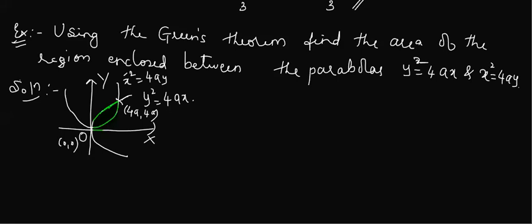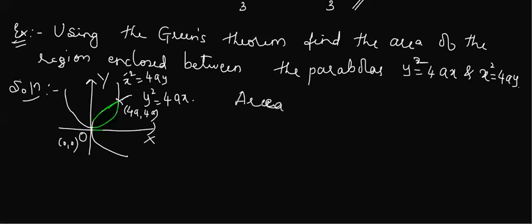Now we want the area, isn't it? We have to calculate the area using a line integral. There is one standard formula for this, which you can take for granted.